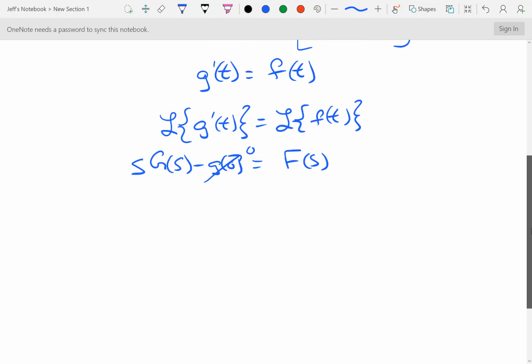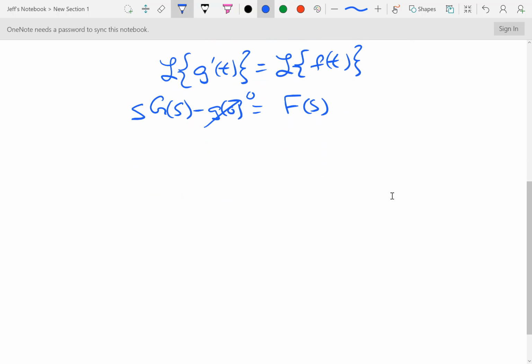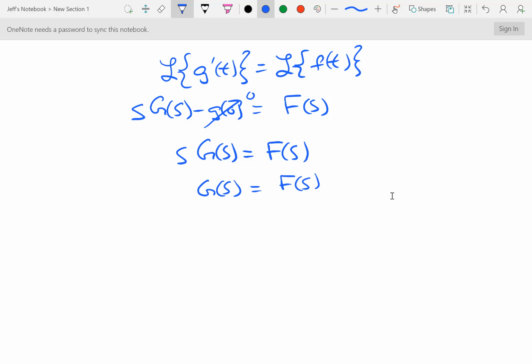So what this comes down to then is that s times G of s is going to be equal to F of s, which I want to write as G of s is equal to F of s divided by s. Again, what is G of s? Well, that is the Laplace transform of g of t. And what did we define g of t to be?